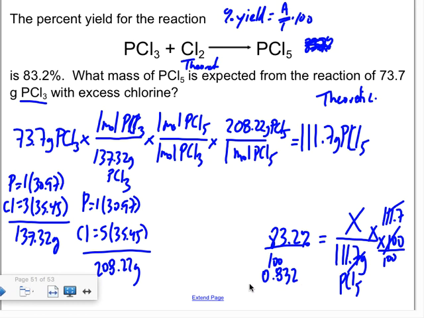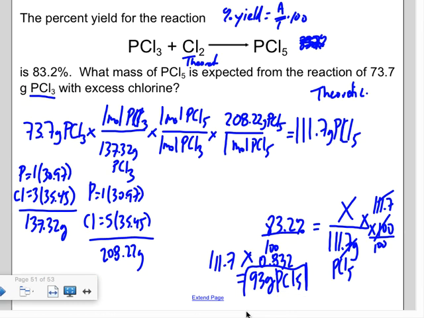Then take that times, and you should get around 93 grams. So 111.7 times 0.832 is 93 grams of PCl5. So there's my answer right there.